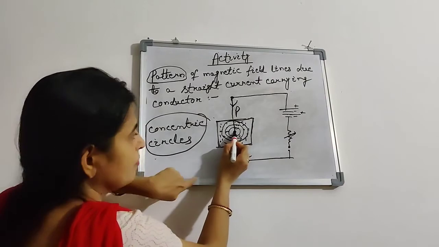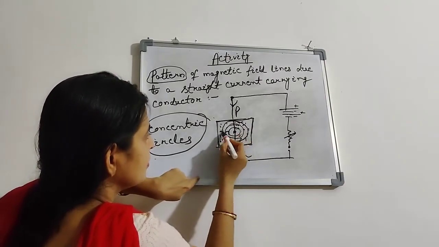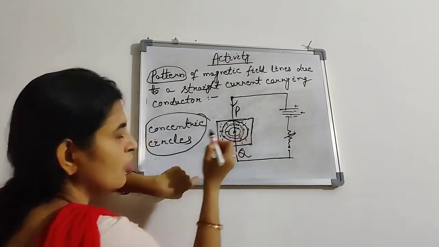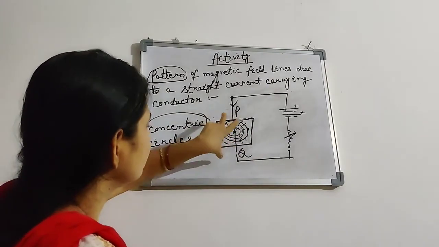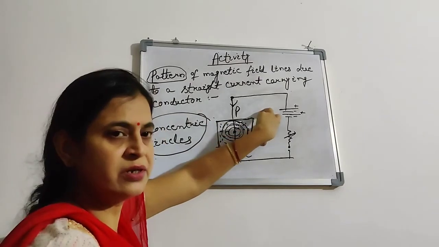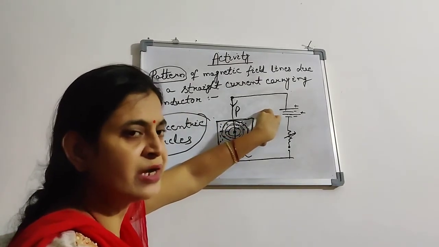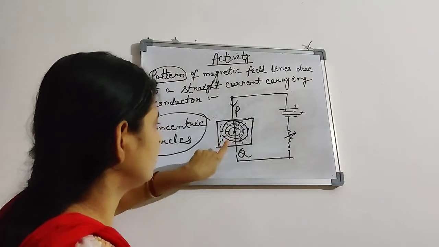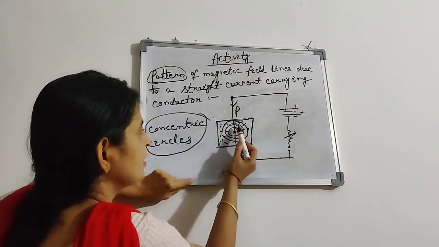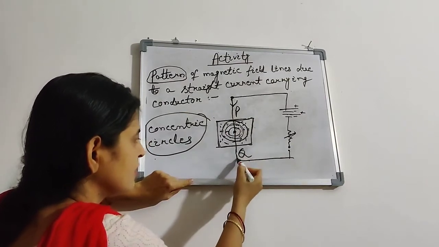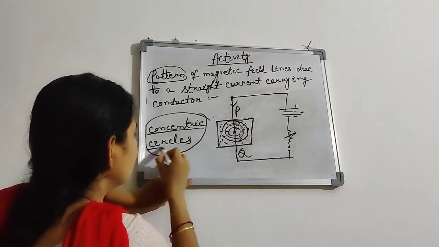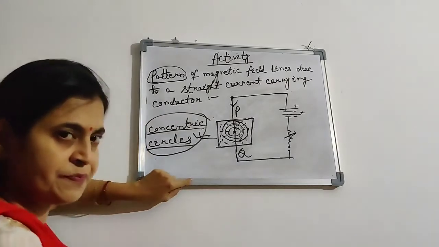The center will be the same, but different circles will be obtained. So with the help of this activity, we can observe that the nature of the magnetic field lines due to a straight current carrying conductor will be concentric circles.